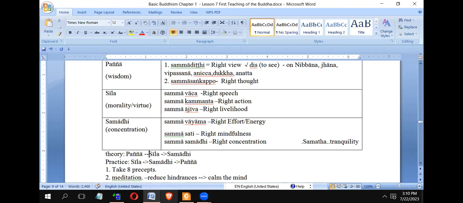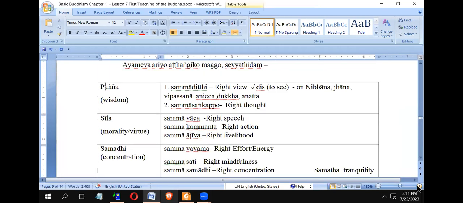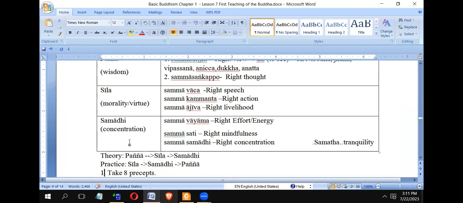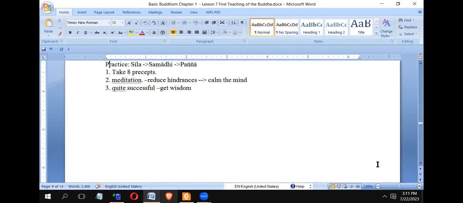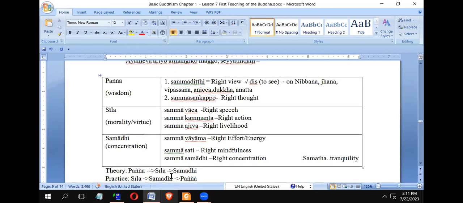Of course, this kind of thing will not be asked in the exam, but it's good for young people who just started to learn basic Buddhism, to learn solidly. Now you can see Panya, Sila, Samadhi, and then practice is Sila, Samadhi, Panya. So it's good to think about what the difference is between this theory and practice.